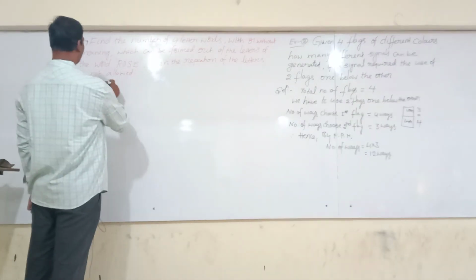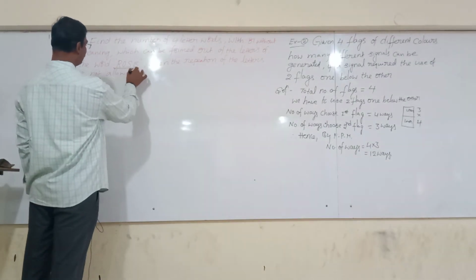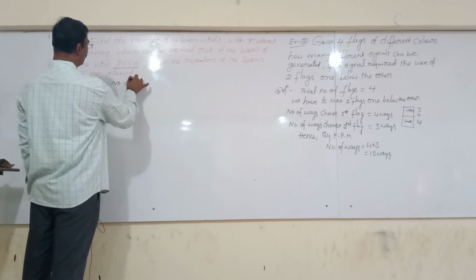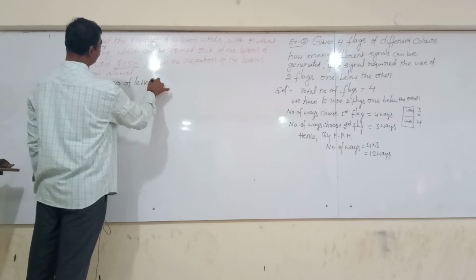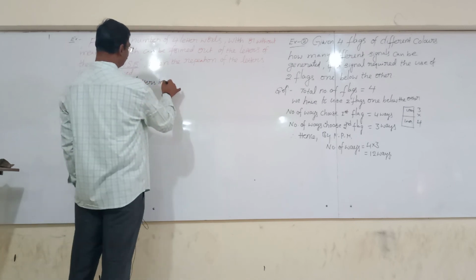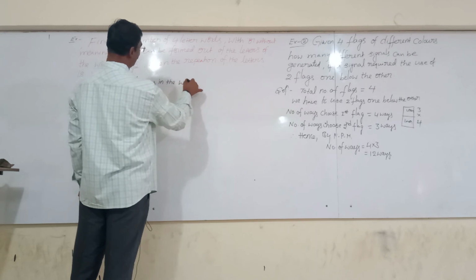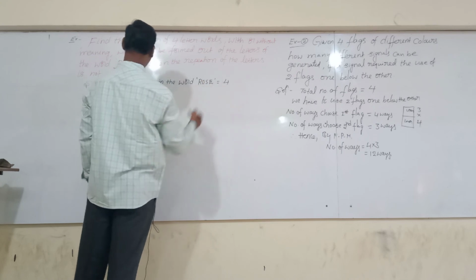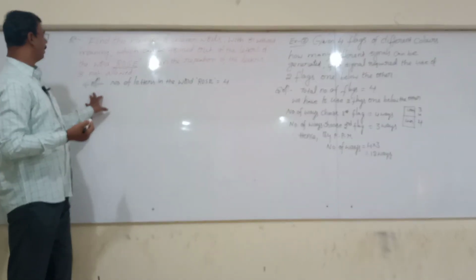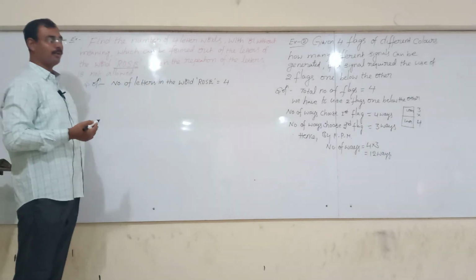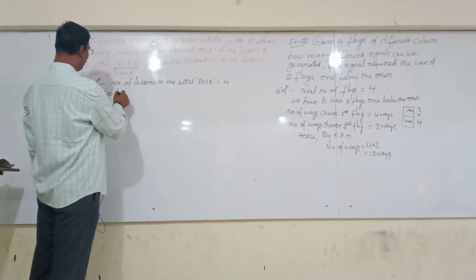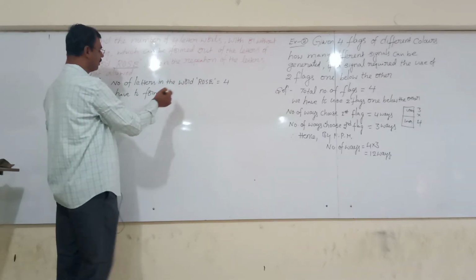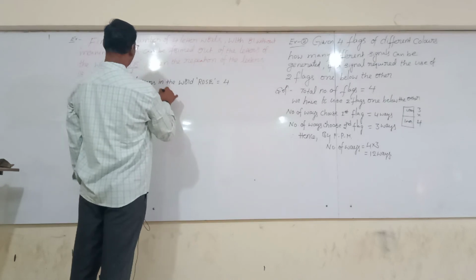So firstly, take the given word. What is the given word? Rose. So the number of letters in the word rose is equal to 4.